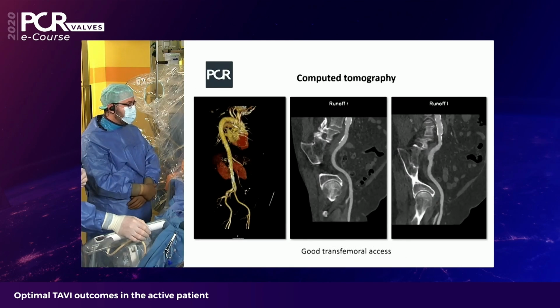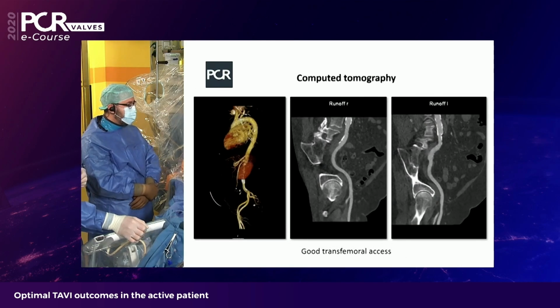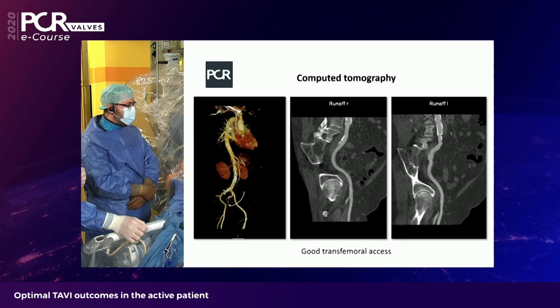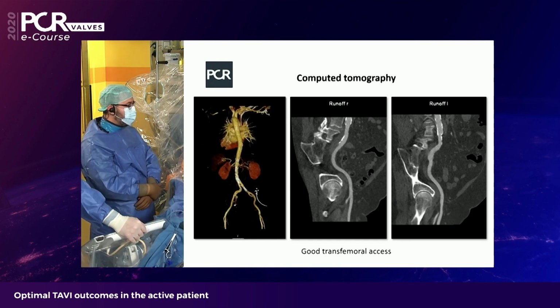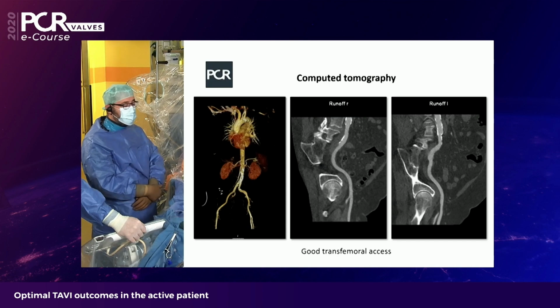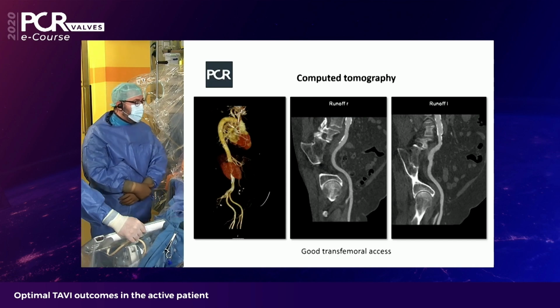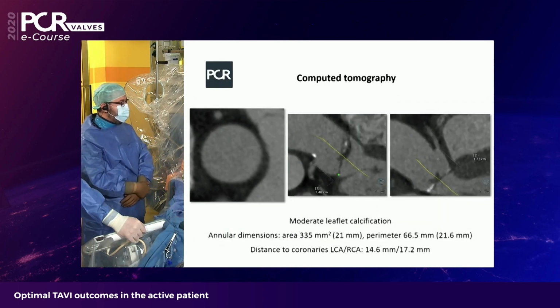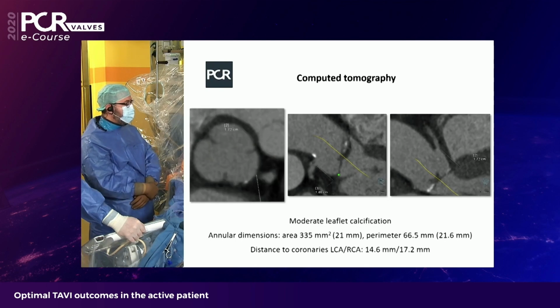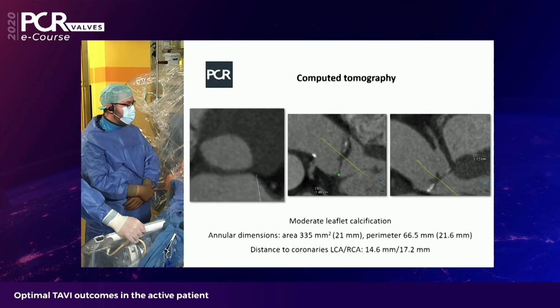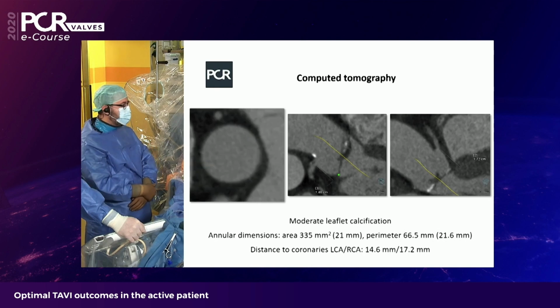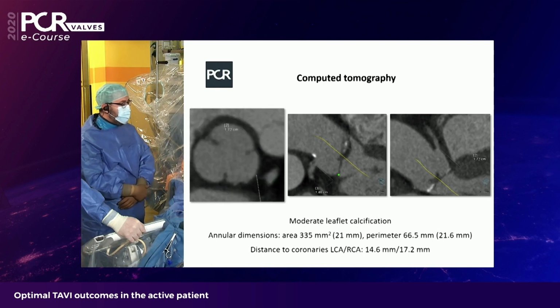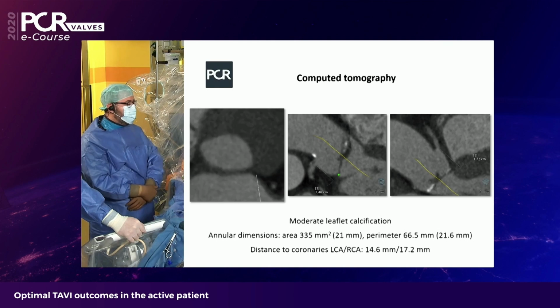And this is her multi-slice CT. You can see here that she has rather favorable femoral access with the good size of the femoral and iliac vessels on both sides. And when we look at the valve itself, you can see here that the valve is more or less moderately calcified, a little bit asymmetric calcification on the non-coronary cusp. And she has overall a small anatomy.